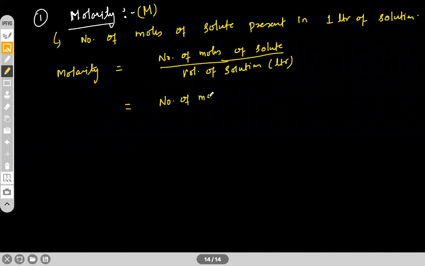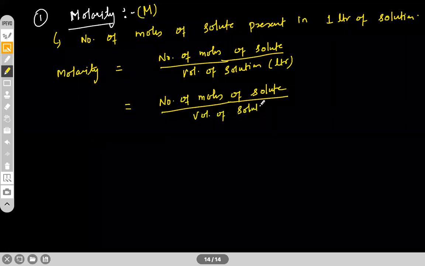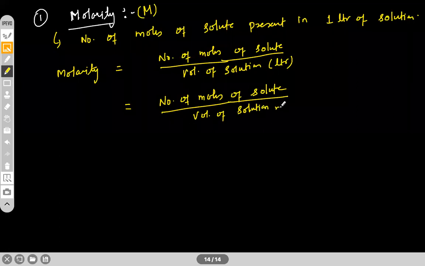Number of moles of solute divided by the volume of solution. If it is given in ml, then we have to convert this ml by 1000 and we have to multiply 1000 here in the numerator.